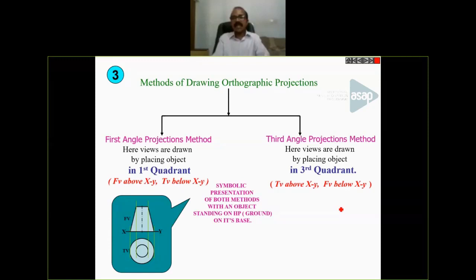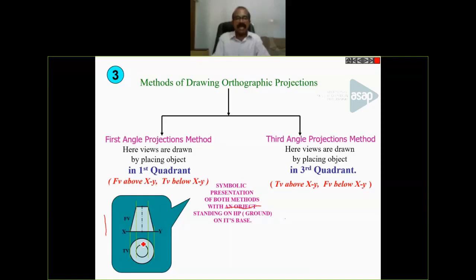If a drawing contains this symbol, see in this figure the bottom portion. This part we call the frustum of a cone, the bottom portion of a cone. First you have to draw the XY line, then draw the frustum of a cone. That means you draw the elevation, then project these points and draw the plan.